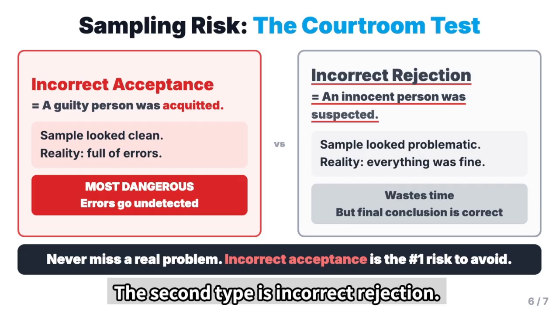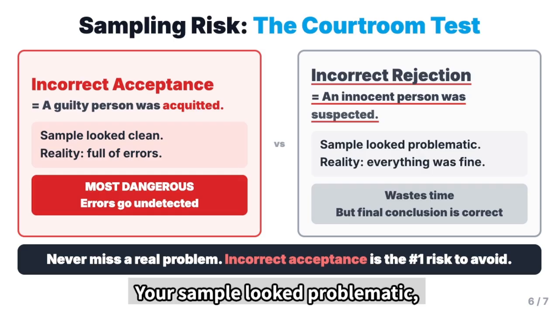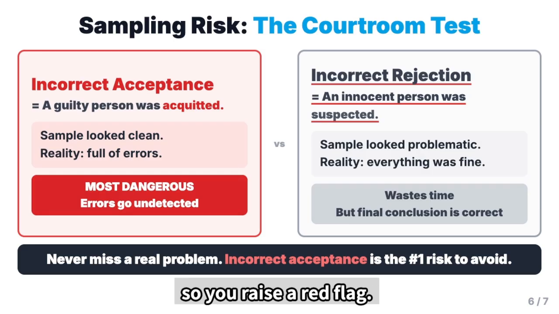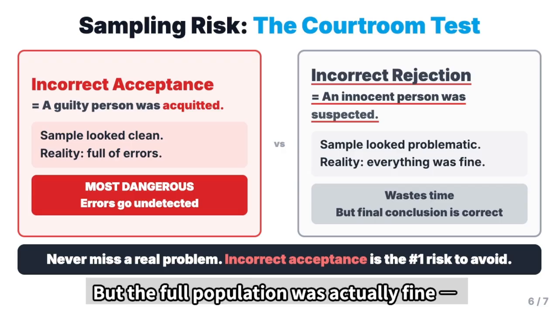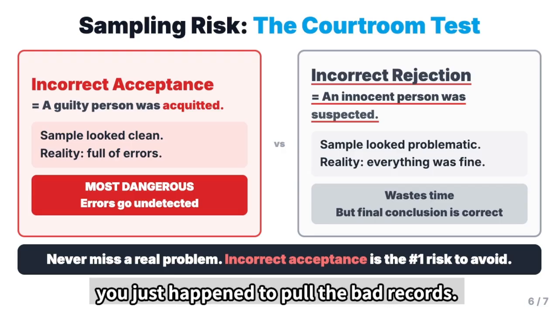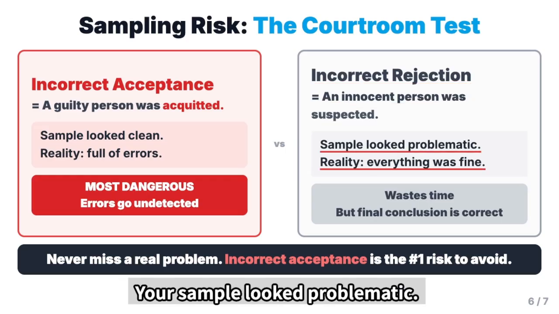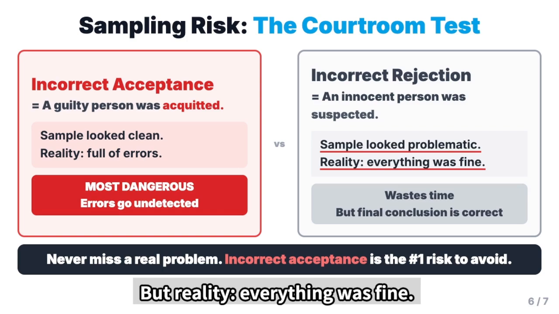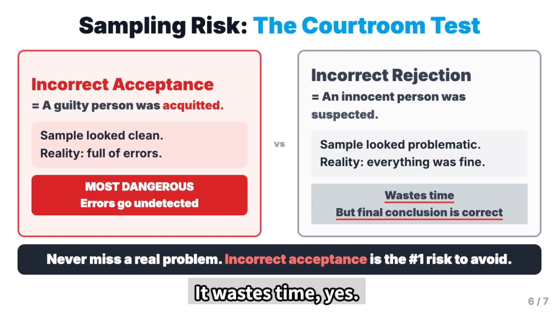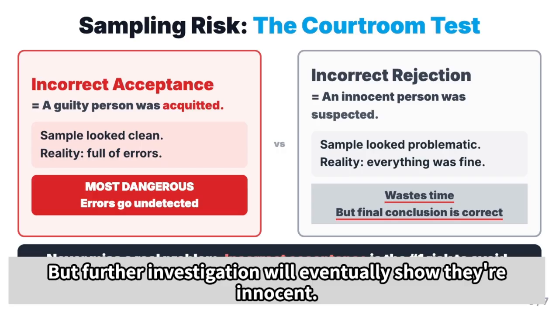The second type is incorrect rejection. Your sample looked problematic, so you raised a red flag. But the full population was actually fine. You just happened to pull the bad records. An innocent person was suspected. It wastes time, yes, but further investigation will eventually show they are innocent.